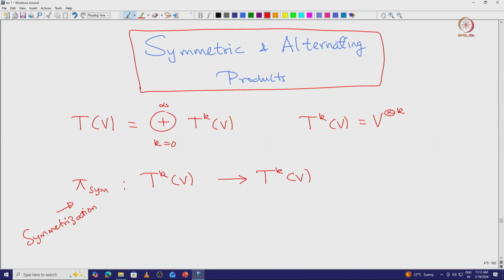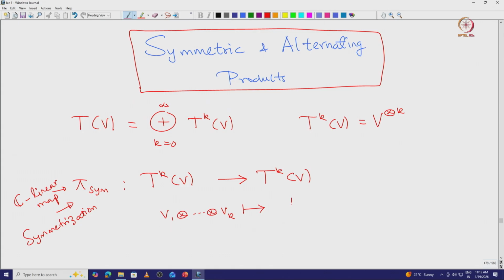How is it defined? Let us define it only on the simple tensors. It is a linear map, to begin with just a C-linear map, which is given by: you take the simple tensor V1 tensor etc. Vk, and send it to its symmetrized version.